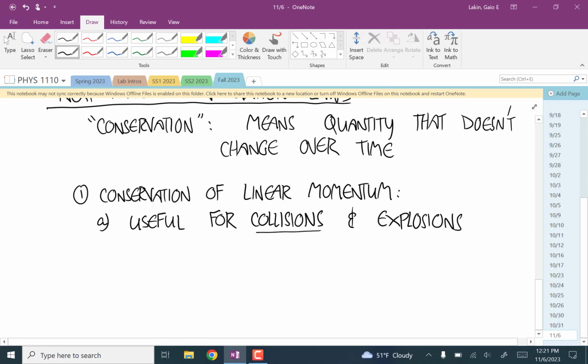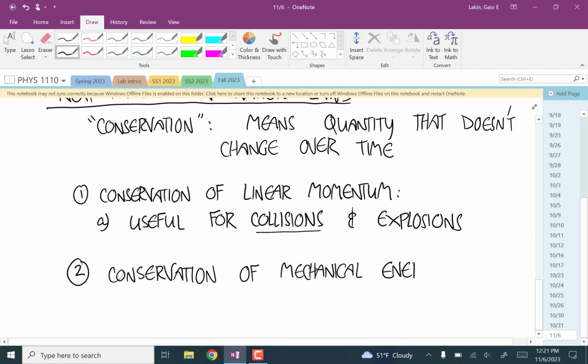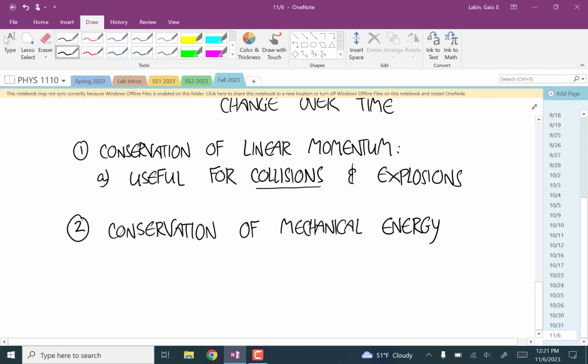And then the second one is conservation of mechanical energy. This is a special case of conservation of energy.